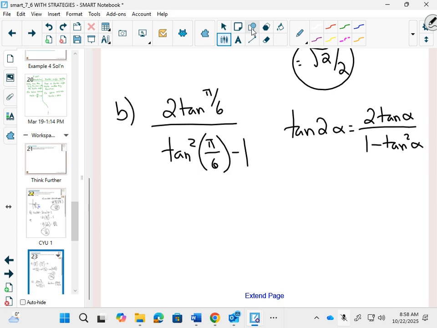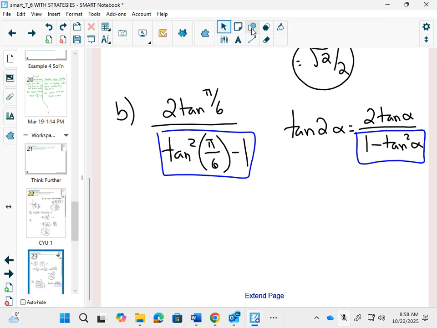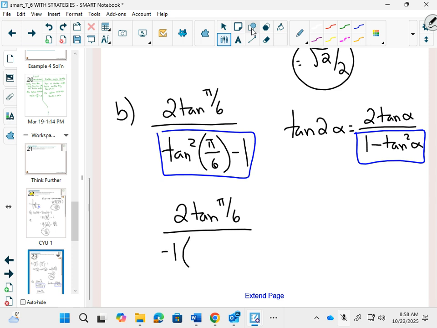First of all, if you ever have things in the opposite order like this, you can always factor out a negative 1. So I'm going to rewrite everything. I'm going to factor out a negative 1. That would change my 1 to positive and my tan squared to negative.